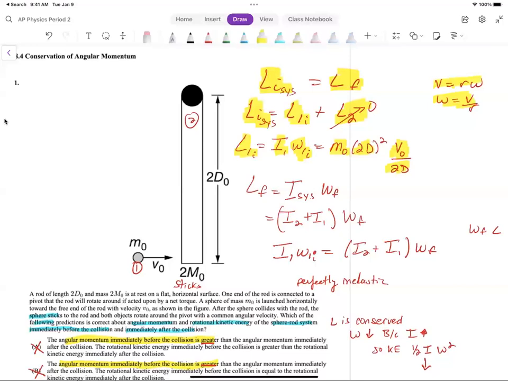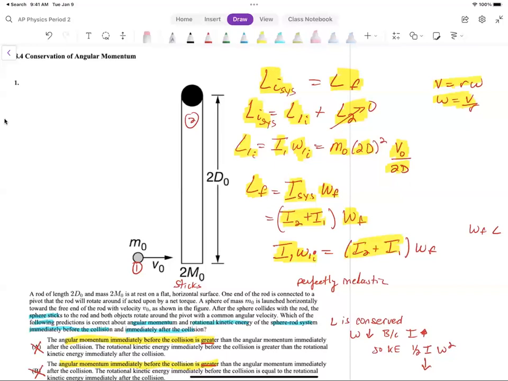Here are the bridge equations, and here's the angular velocity solved for based on linear velocity and the distance away. Again, the final angular momentum of the system is equal to the rotational inertia of the system times its final angular velocity. I can add those two I values up and then multiply by the angular velocity. Now set those two equal. The initial angular momentum, which I didn't sub all the things into, but I'm just using this to show you, is equal to the final angular momentum.